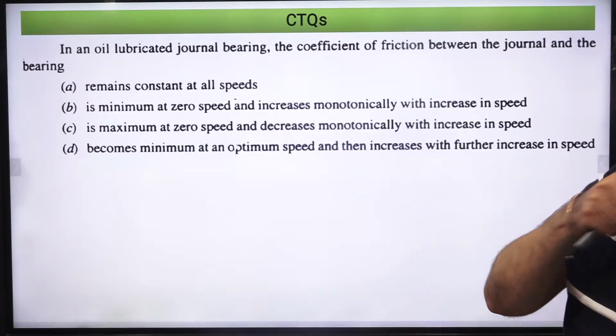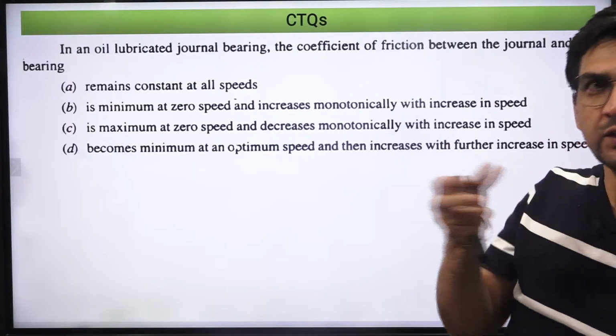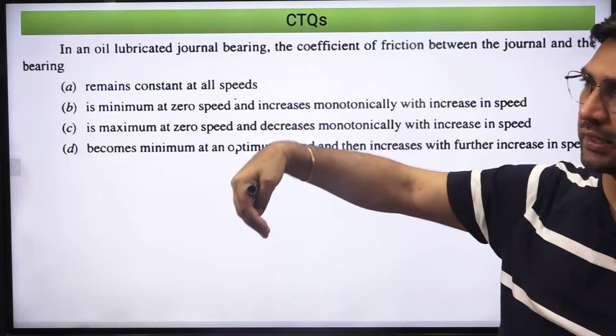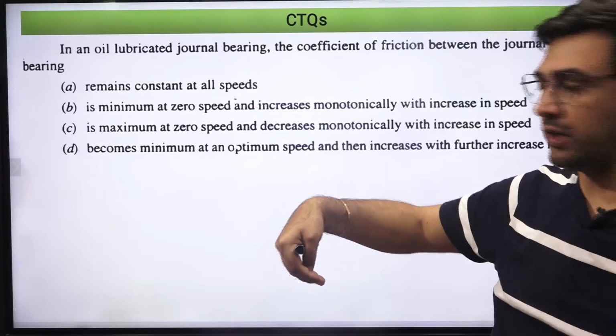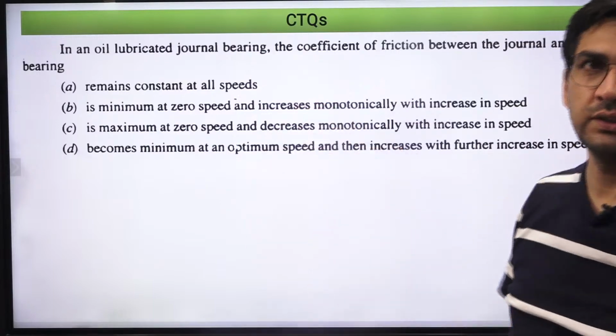Yes, wedging action, obviously because the pressure will be developed due to the wedging action. So wedging action will be in the direction in which you are rotating, on that side. For example, if you're rotating clockwise or anti-clockwise, in this direction you're going to have that pressure development because of wedging.